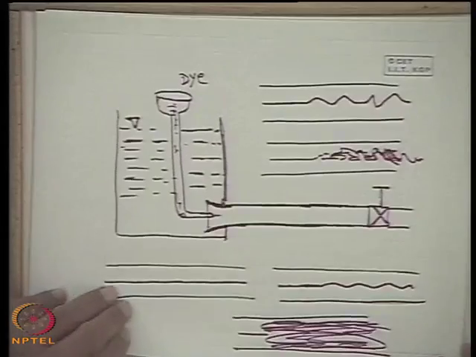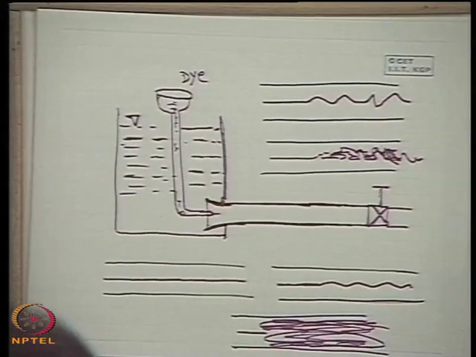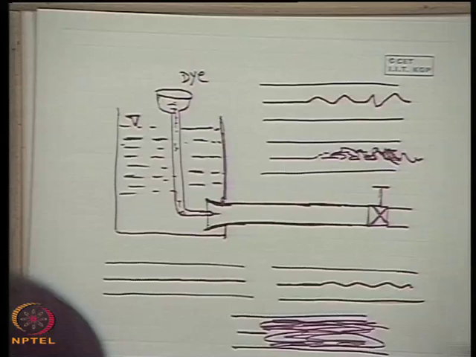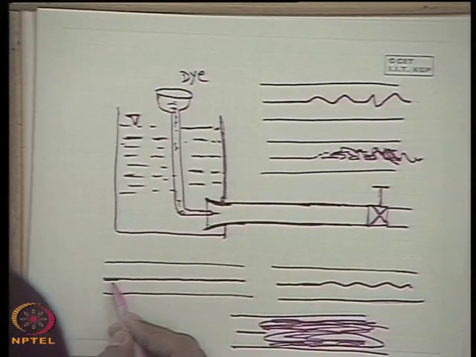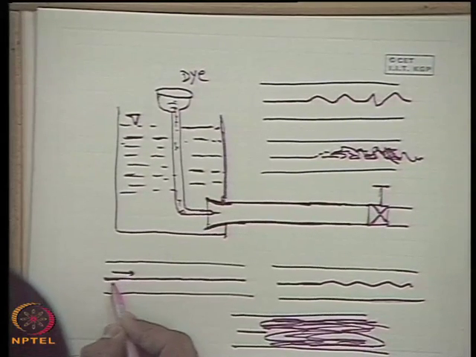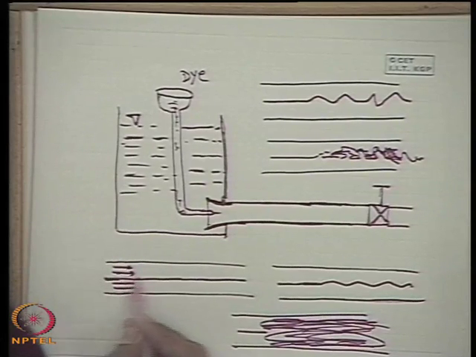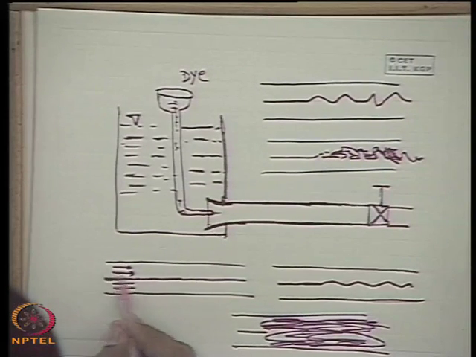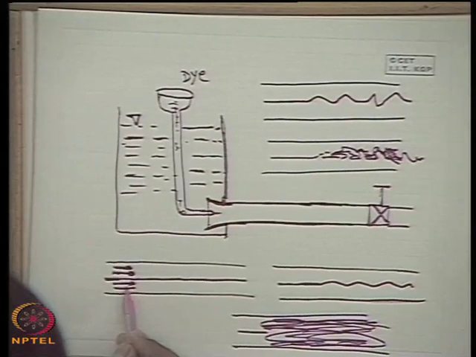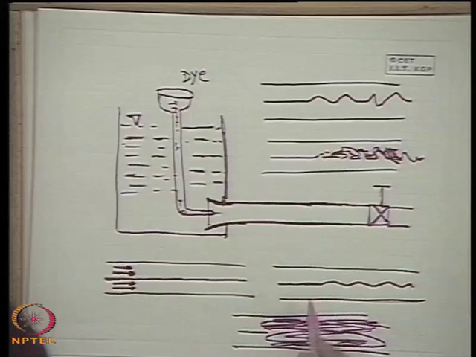So, he observed that after a certain velocity of flow, the orderly motion of the fluid particles, gliding one over another at different laminae, which is the word from which laminar has come, that means one plane gliding over another plane, is distorted.